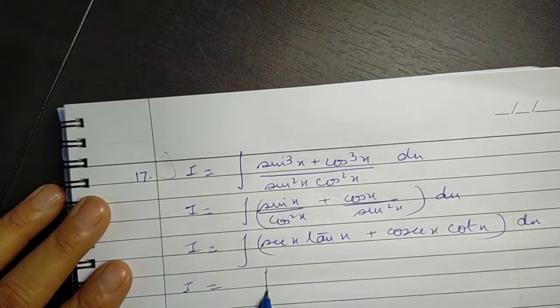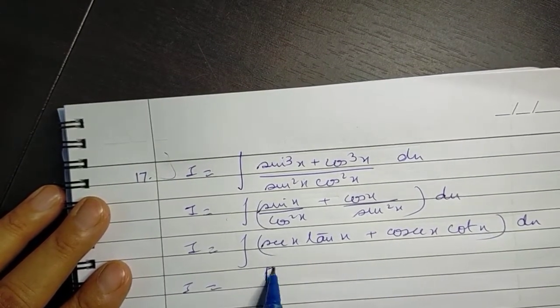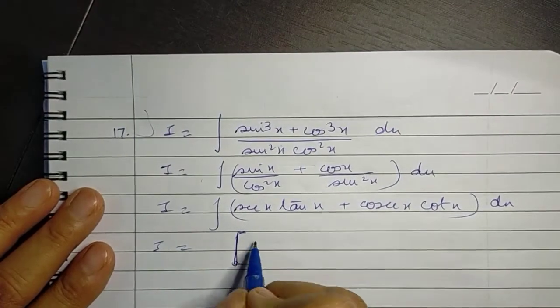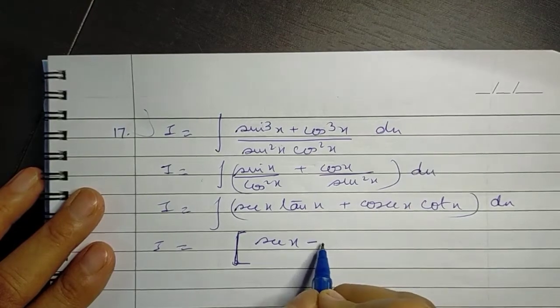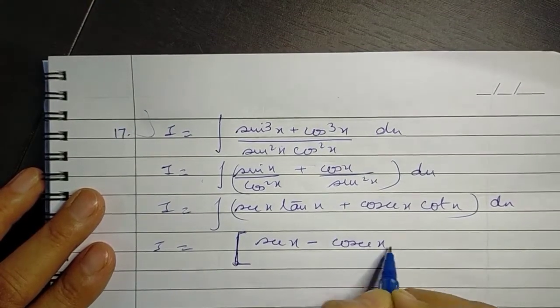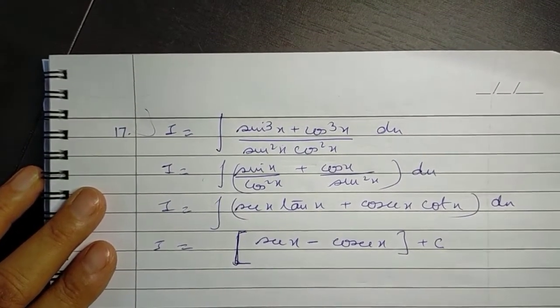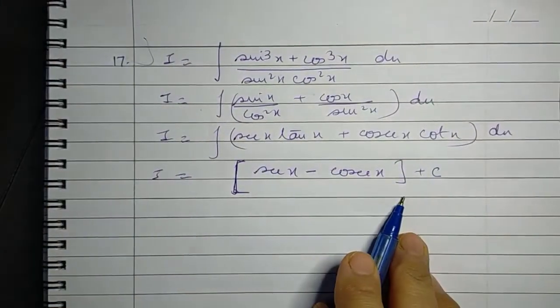Integral of sec x tan x is sec x, plus integral of cosec x cot x is minus cosec x, plus a constant. So this is the result.